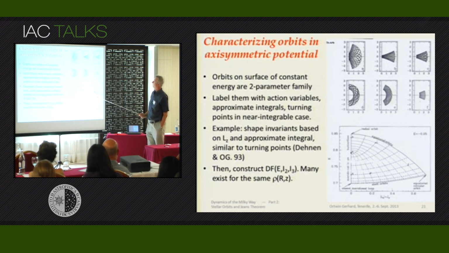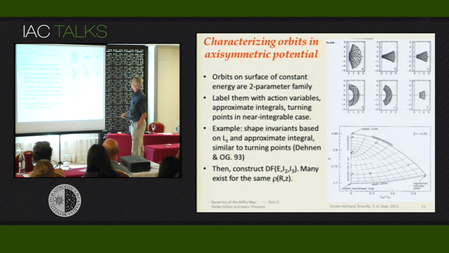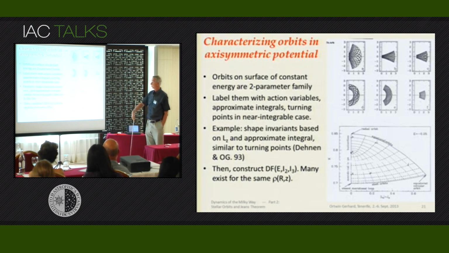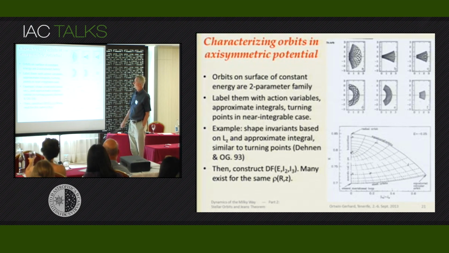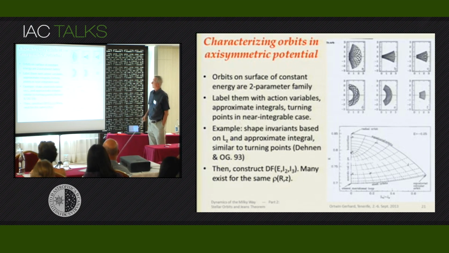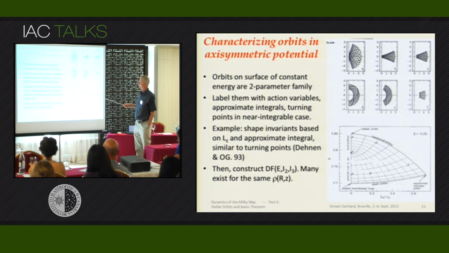Also, the turning points here are the limiting radial points r min and r max on the equatorial plane, maybe, and then these angles here you could use to describe the turning point. And that goes back to the Stäckel potential that we looked at yesterday, because these orbits have some characteristic features in common with the orbits we saw yesterday in the Stäckel potential, the confocal coordinates being the limits.